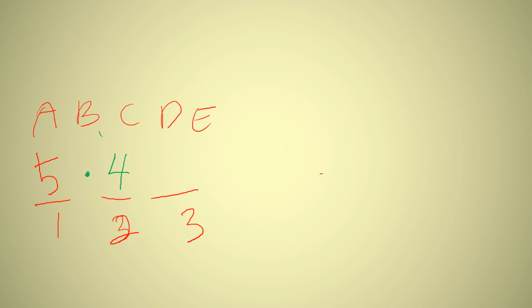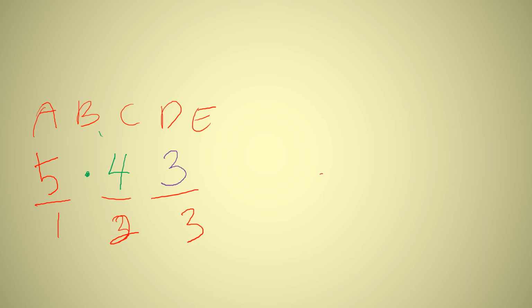For each of those 20 scenarios, 5 times 4, how many people could sit in seat 3? Well, 3 of the people haven't been seated yet, so for each of these 20, we could put 3 different people in seat 3.